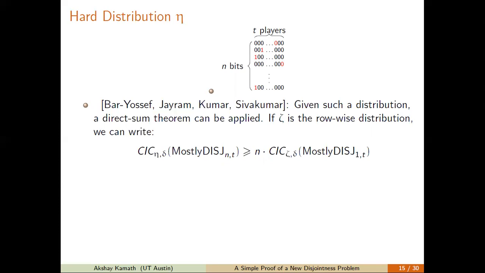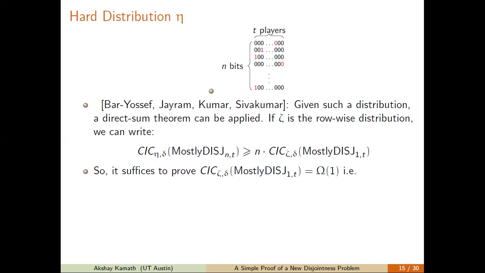And this direct sum theorem states that the conditional information complexity of mostly disjointness on n coordinates with respect to this distribution eta is at least n times the conditional information complexity of mostly disjointness on just one row with respect to the row-wise distribution zeta that we defined earlier.